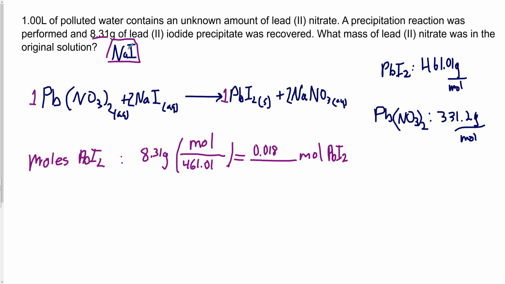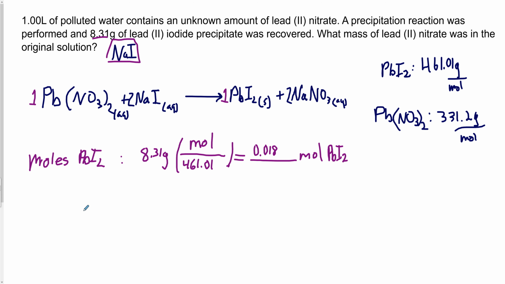You always want to add more until you stop getting precipitate, and then you add a couple more drips of whatever's causing the precipitation, in this case sodium iodide. So that means that this measurement here, this 8.31, is all of the lead. We've knocked all of the lead out, which means that this number here is accurate.